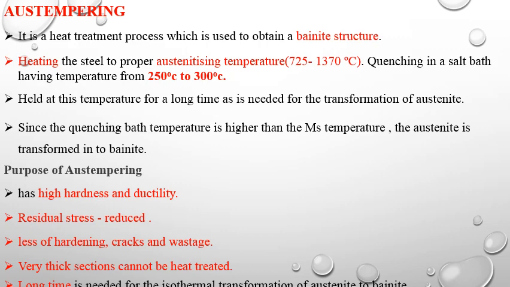Since the quenching bath temperature is higher than the Ms temperature, the purpose is to reduce residual stress, hardening cracks, and wastage. Thick sections cannot be treated, and a long time is needed for the thermal transformation.